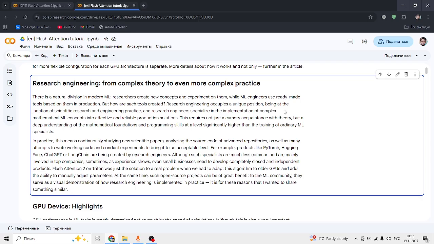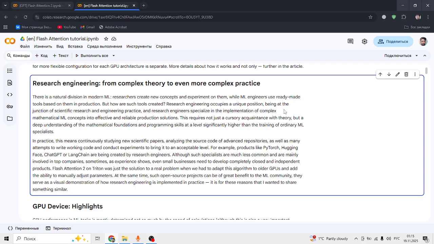I had a real problem when I needed to use older GPU architectures like Turing, and I decided to create my personal implementation because there is no existing implementation which will let you work with all GPUs.